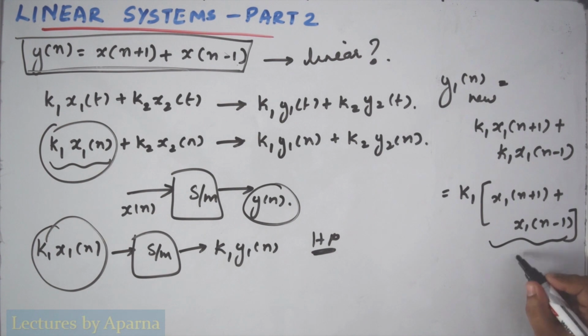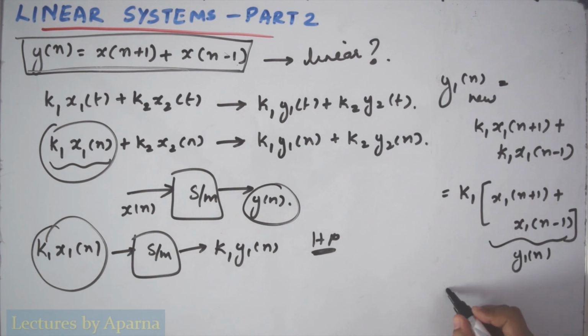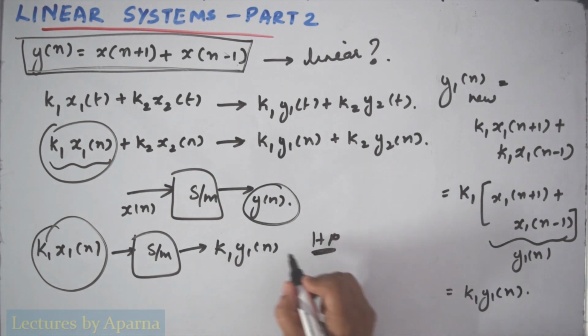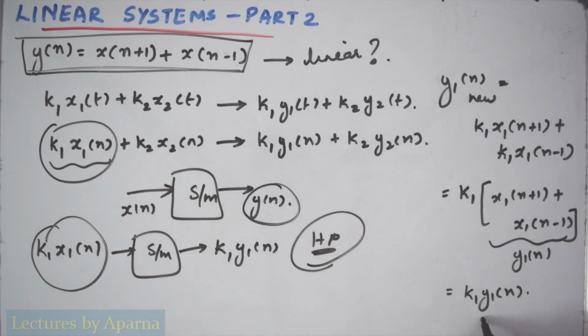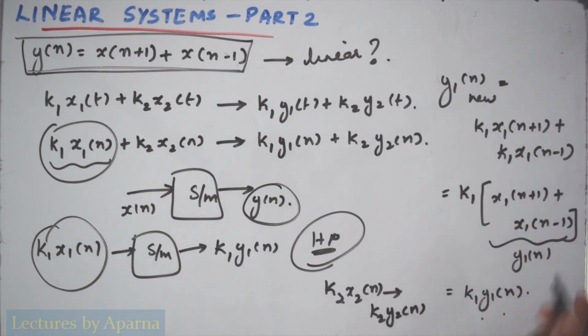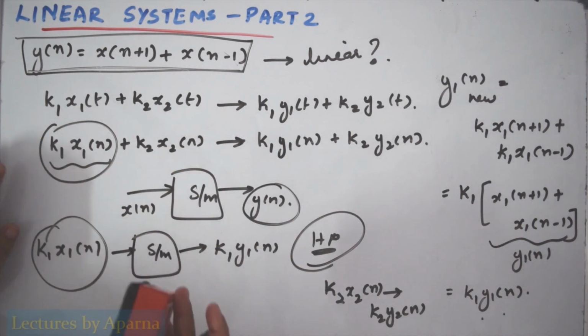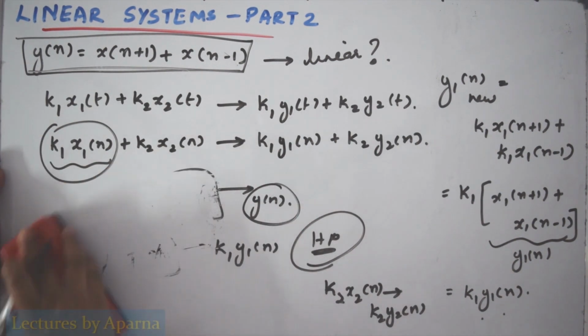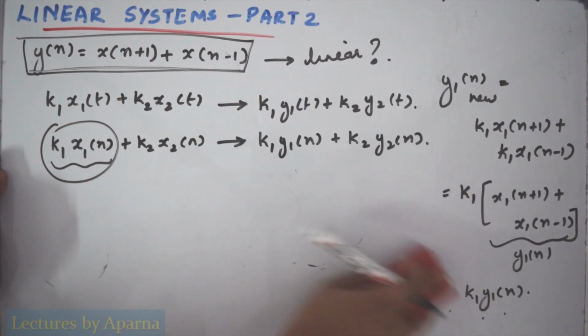This term is y1 of n. Therefore it is equal to k1 of y1 of n, and hence the homogeneity property is satisfied. In the same way, if we give an input k2 x2 of n, we will get the output k2 y2 of n. Now I have to superimpose these two inputs. Therefore, let's see.